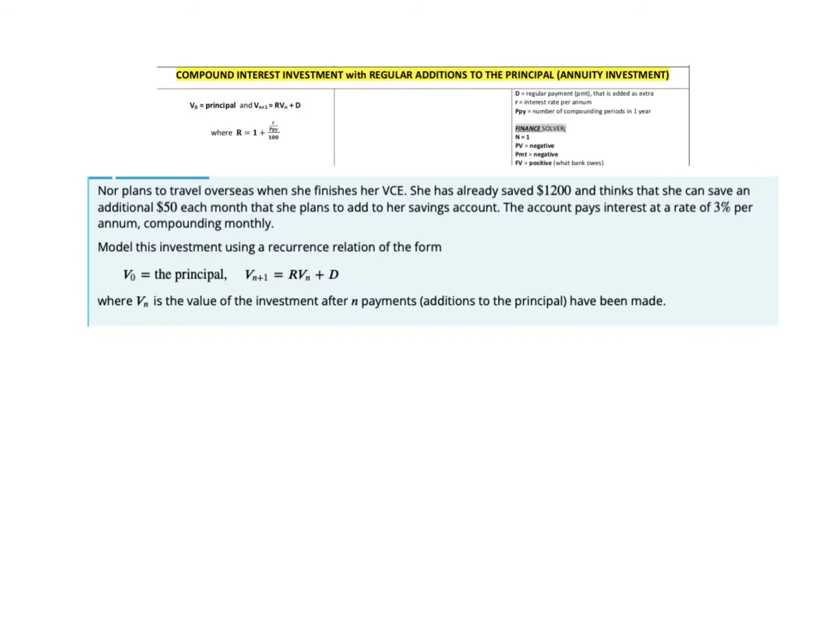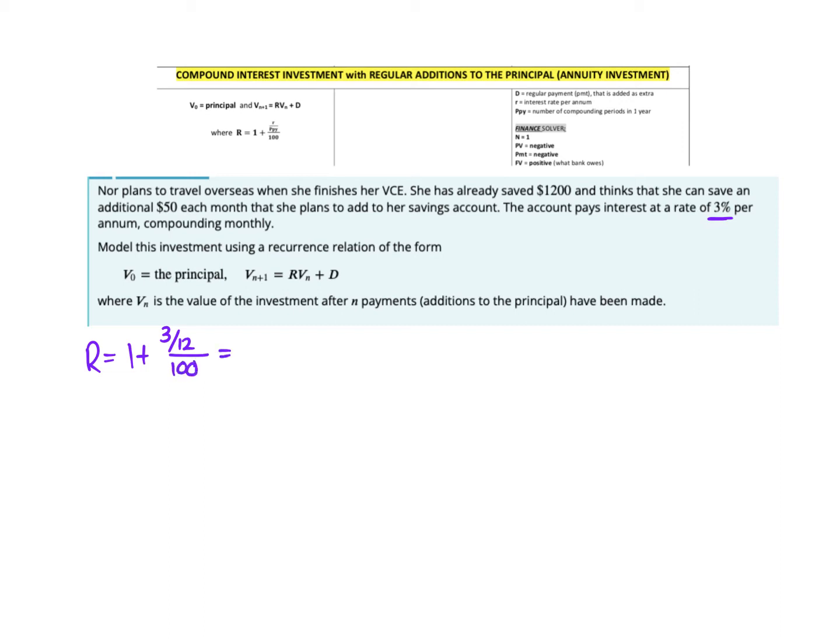Okay, so let's look at this one. Yeah, it's the same one, sorry, this one. Here again, she wants to travel overseas and save 50 each month extra, but the only change is the 3% per month. If we were working out the R, it'd be 1 plus 3 over 12 over 100.